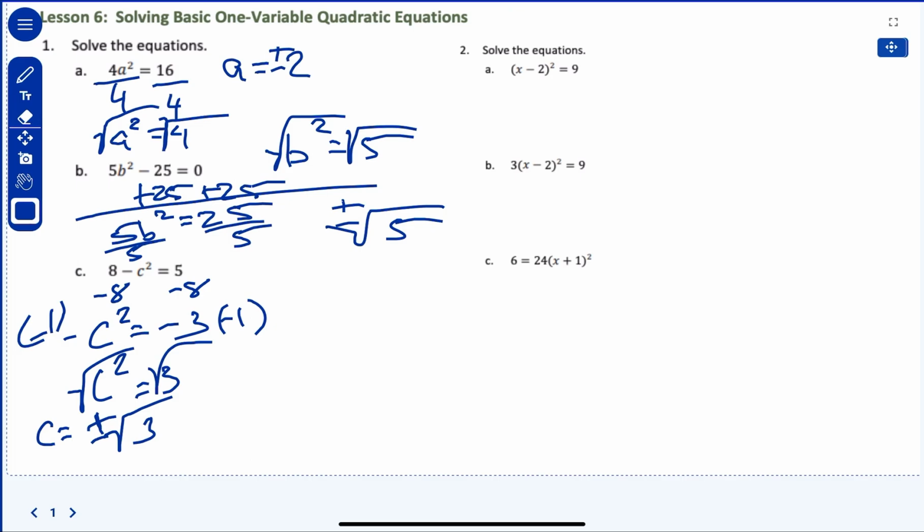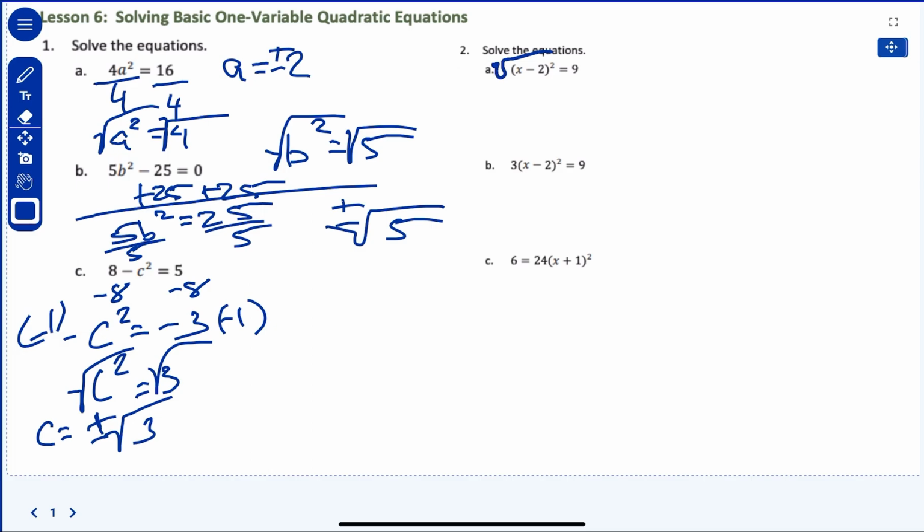X minus 2, right? Okay. Now, could you square that? Could you do x minus 2 times x minus 2? Sure, you could. But why would we? Can we square root both sides? Let's do that first then.